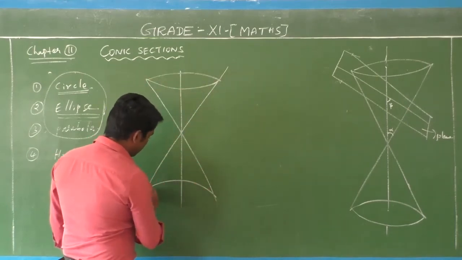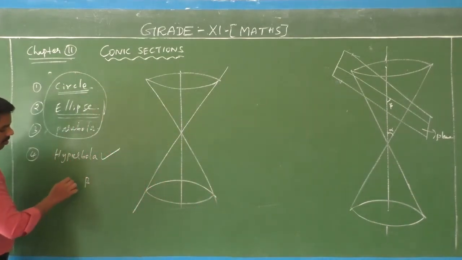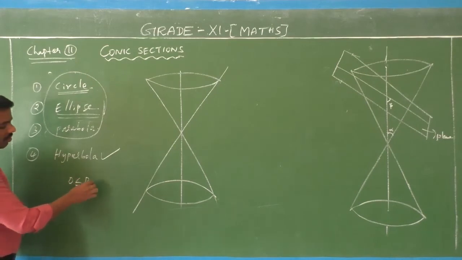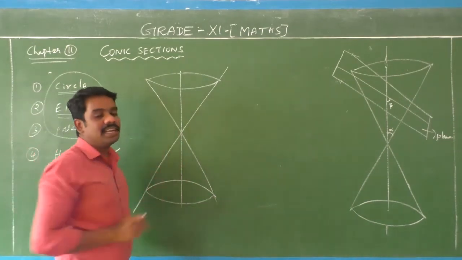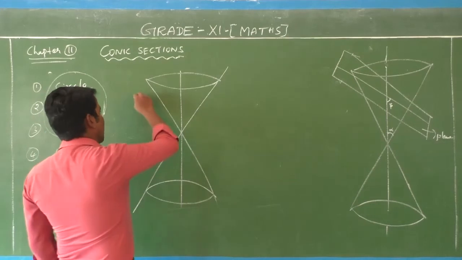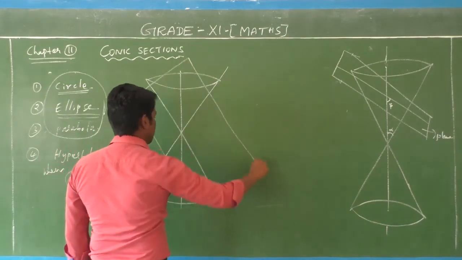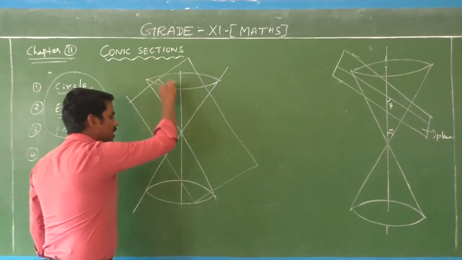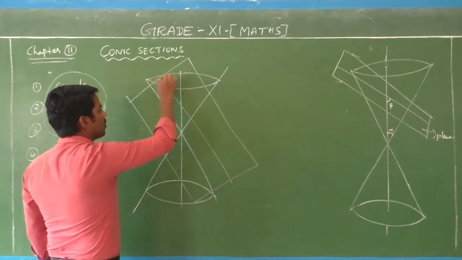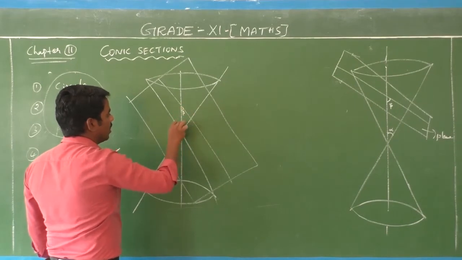That means beta value is 0 less than or equal to beta is less than alpha, where beta is the angle between the fixed line and the plane. This is beta, here alpha.